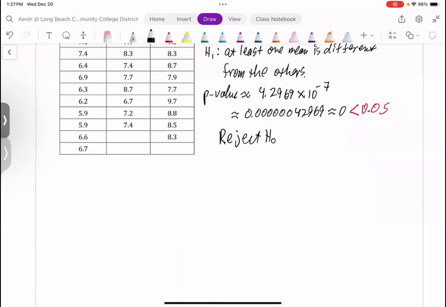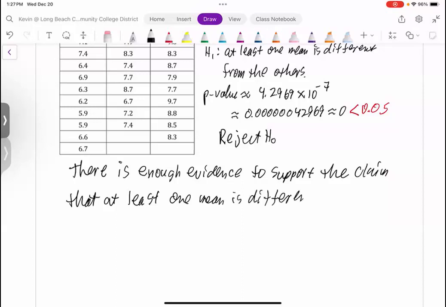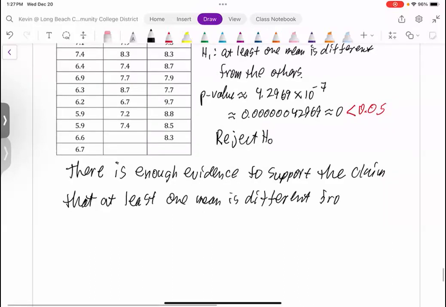So we would say there is enough evidence to support the claim that at least one mean is different from the others.